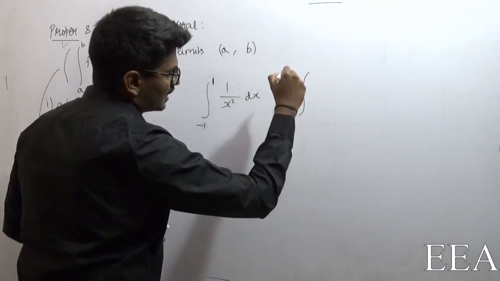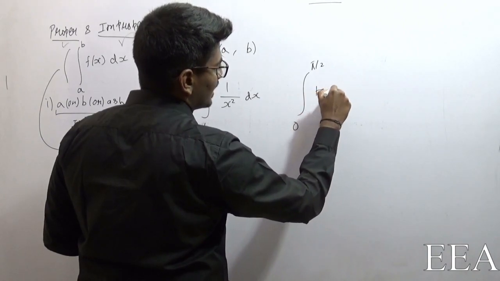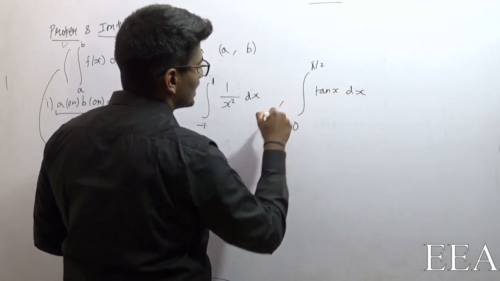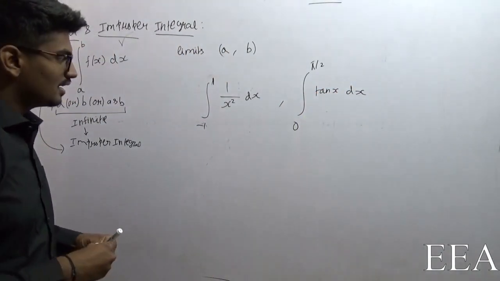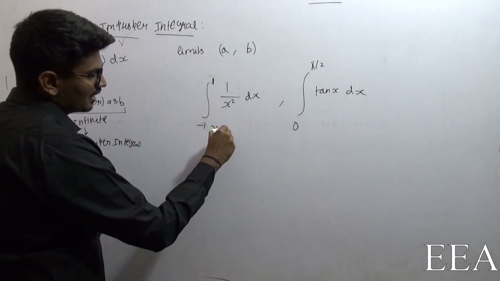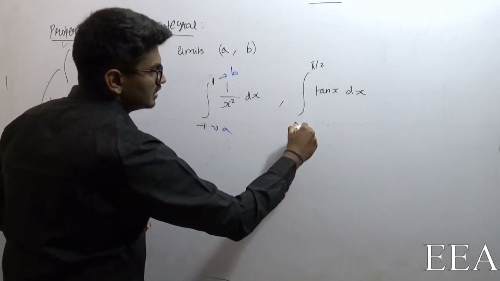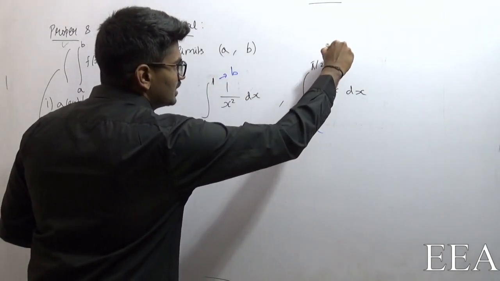Another example, 0 to pi by 2 of tan x dx. So I am taking two examples in this case. In the first, minus 1 is a and 1 is b. In the second, 0 is a and pi by 2 is b.